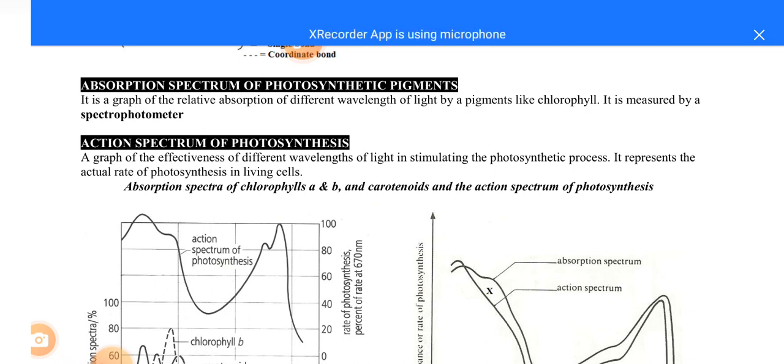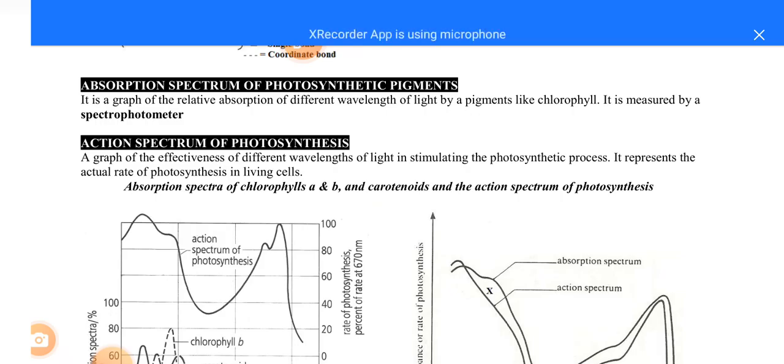When we talk about an absorption spectrum, we are saying it is a graph of the relative absorption of different wavelengths of light by a pigment. It is just a graph of relative absorption of different wavelengths by pigments like chlorophyll.